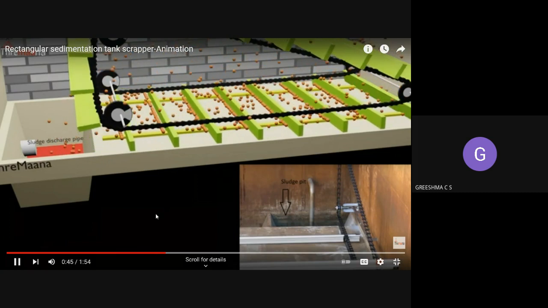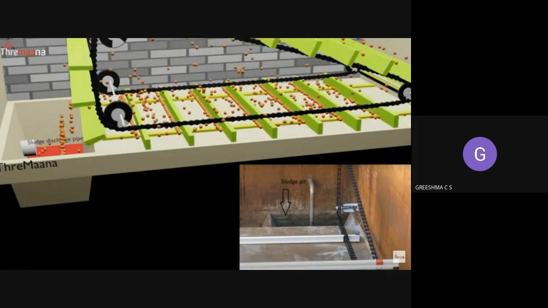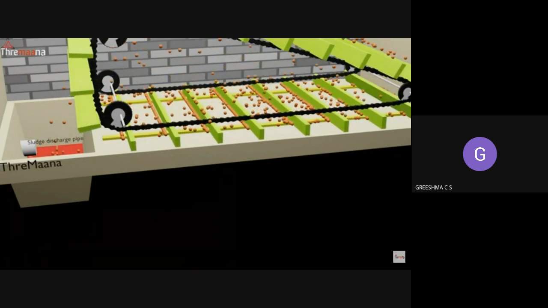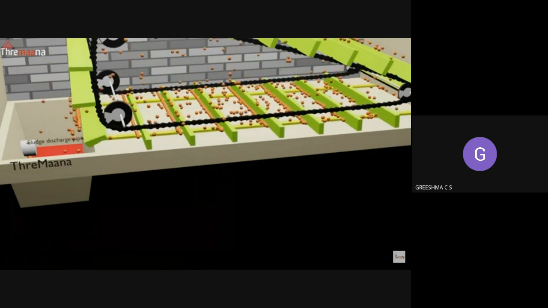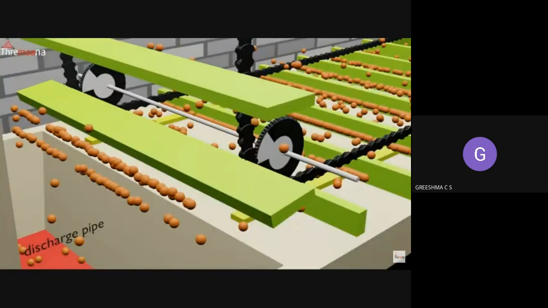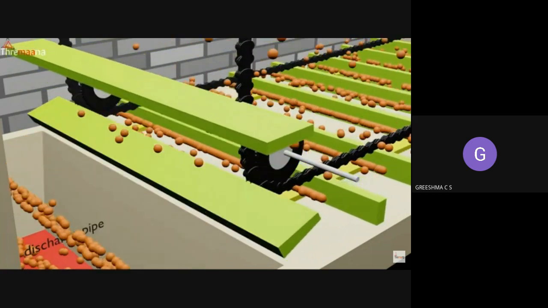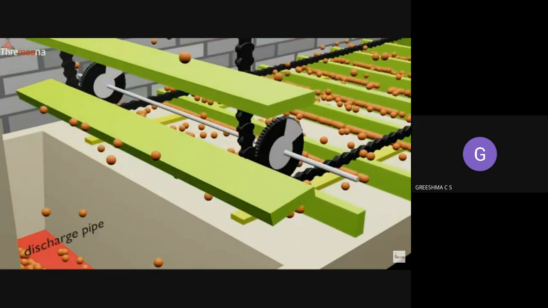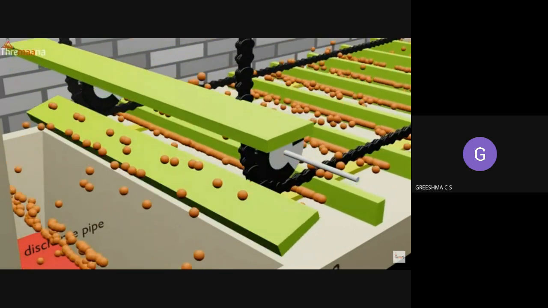Can you see? Whatever particles have sedimented will be removed like this using the mechanical scraper.